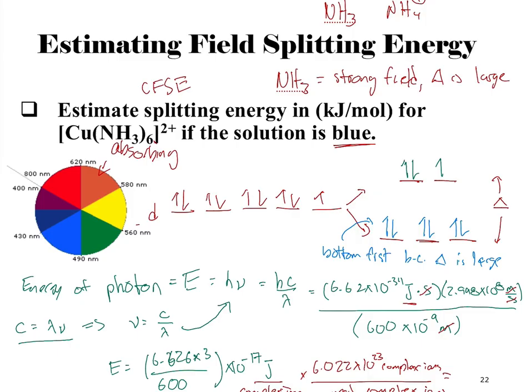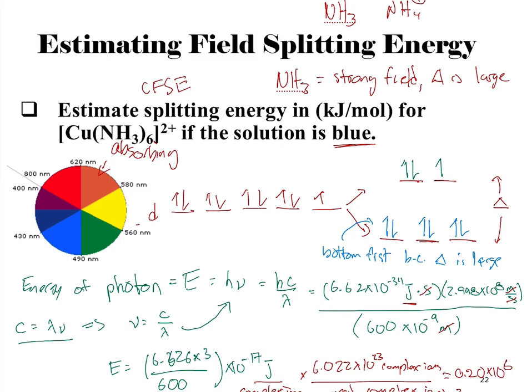So if I were to plug all of that in, I didn't do it when I did the notes, so I got to plug it in myself. All right, so it would be 6.022 times 6.626 times 3 divided by 600. That's 0.19, 0.20 times 10 to the minus 17 times 10 to the 6.